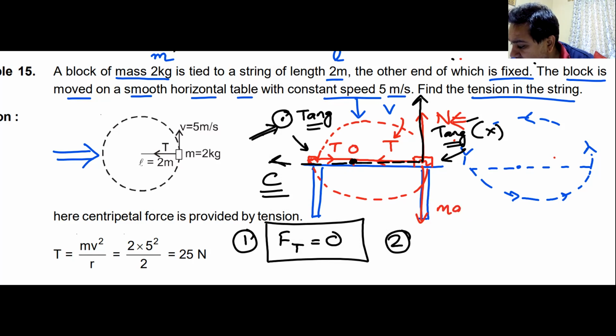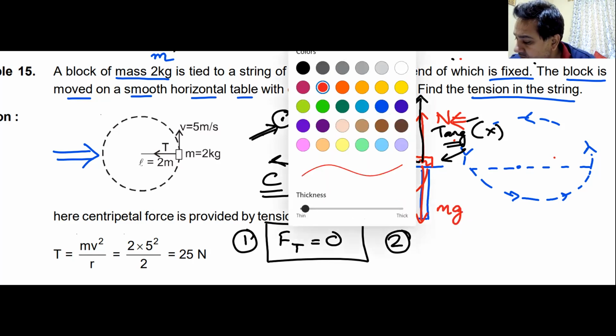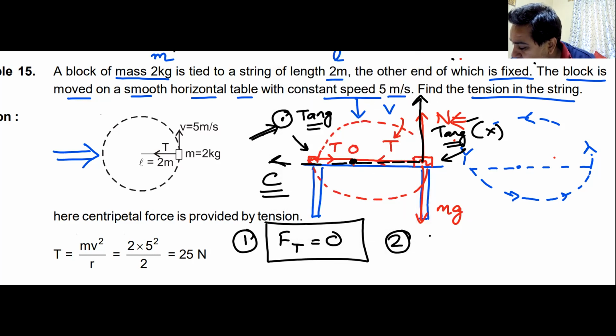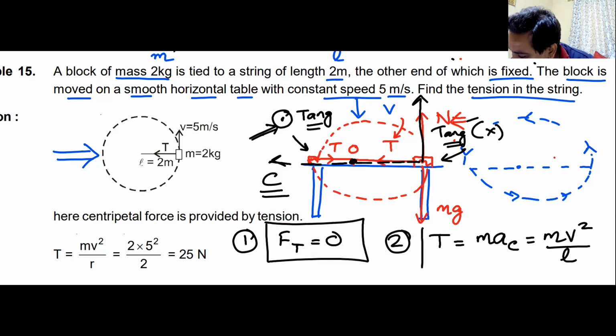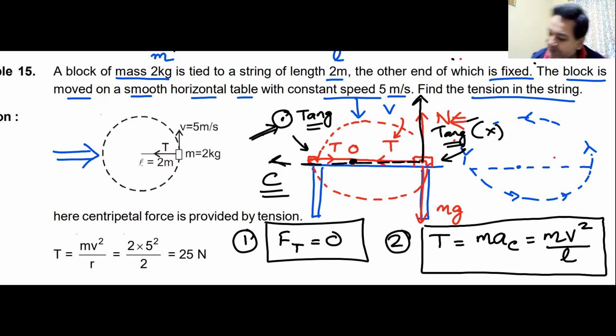Do we understand this, everyone? Yes, sir. So this net force tension T will be equal to M into AC, and that will become M into V square by L. This is my equation in the centripetal direction, which is the second direction.